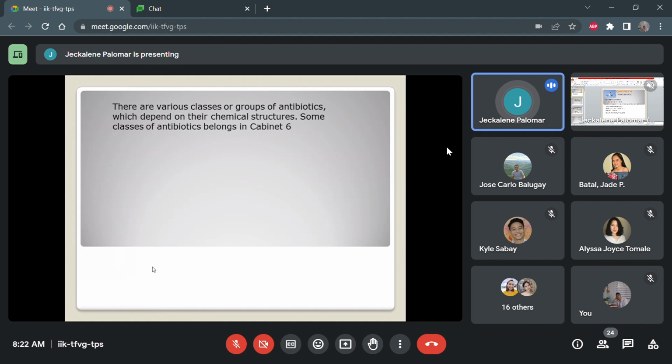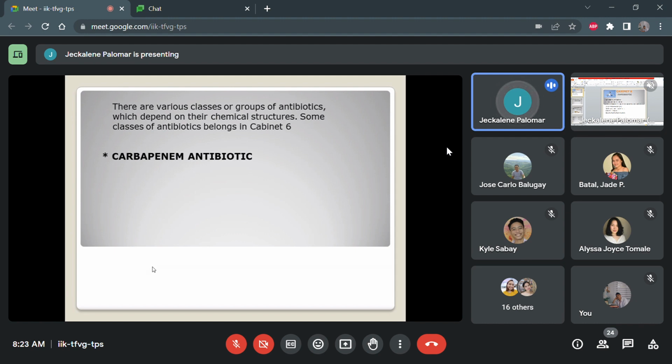There are various classes or groups of antibiotics which depend on their chemical structures. Antibiotics are powerful medications that treat and contain infections and can save lives when used properly.